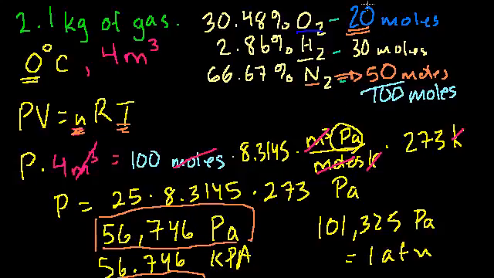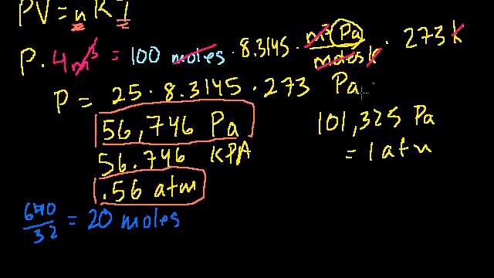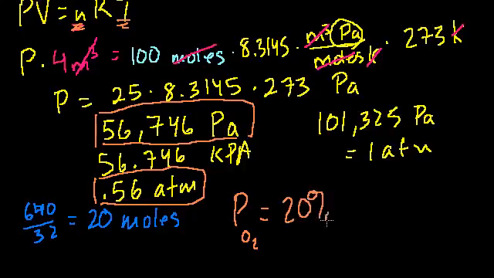So oxygen represents 20% of the particles, right? 20 over 100. So the partial pressure of oxygen, let me write that as pressure due to O2, it's going to be 20% of the total pressure. 20% times 56.746 kilopascals.